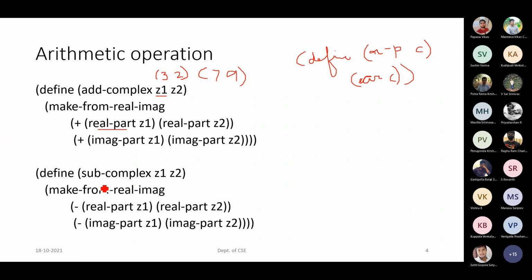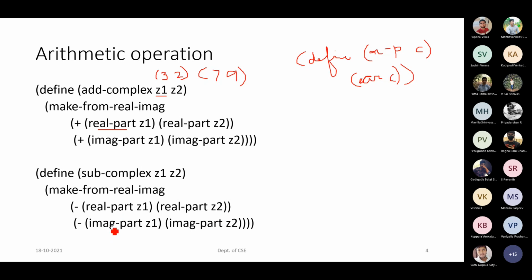Similarly, with respect to the subtract complex number, we have two values passed, the subtraction of two complex numbers. Here also we have assumed that both Z1 and Z2 are in the rectangular representation. We extracted the real part of the first complex number and the real part of the second complex number and subtracted: first complex number minus second complex number's real part.